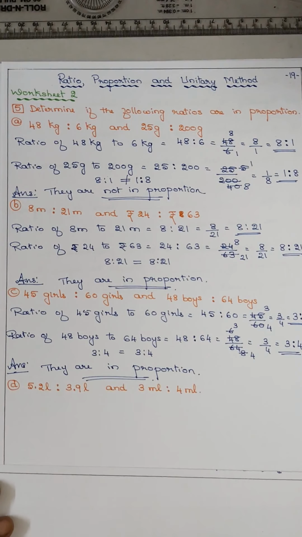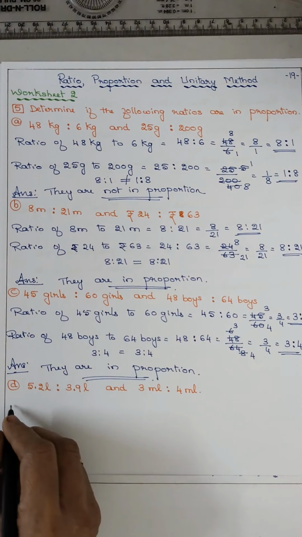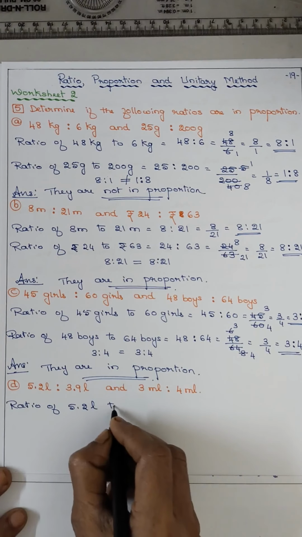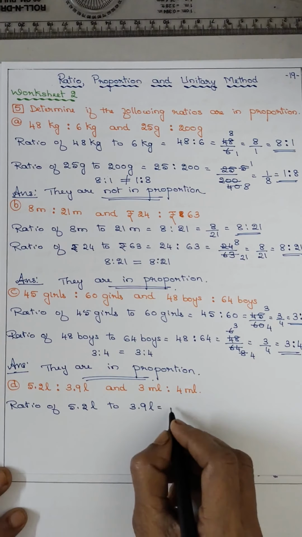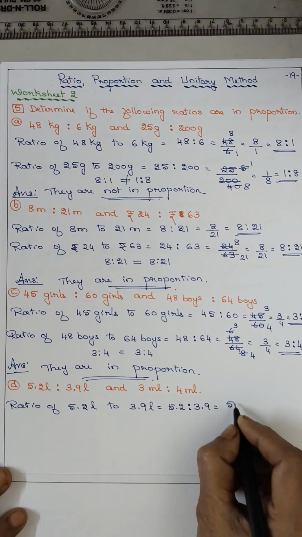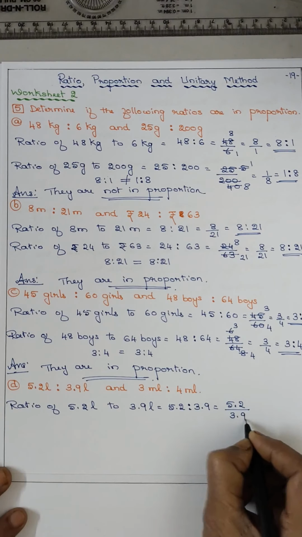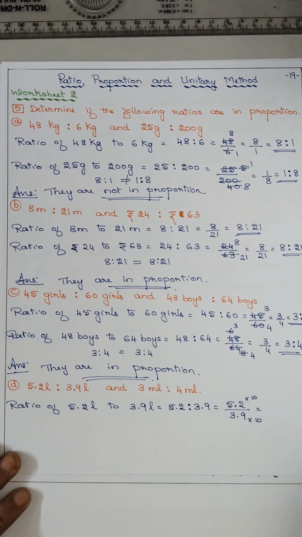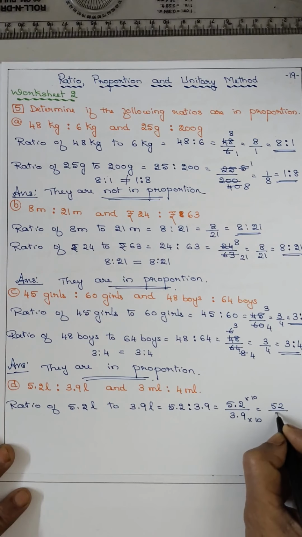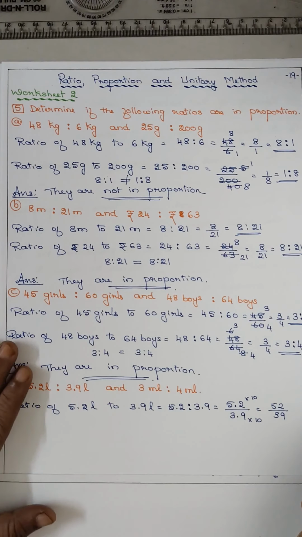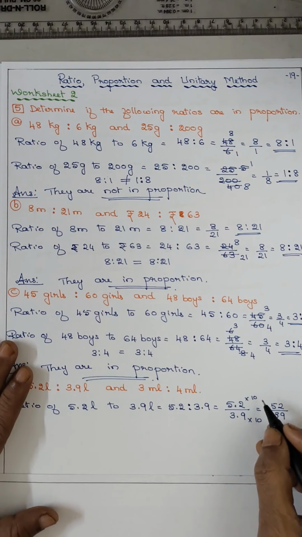If the numbers are interchanged then no. Next, ratio of 5.2 litre to 3.9 litre. 5.2 is to 3.9. 5.2 upon 3.9. To remove 1 decimal, multiply by 10. Both numerator and denominator multiplied by 10, so you get 52/39. 1 decimal, so 1 step the decimal point moves to the right because of 10.